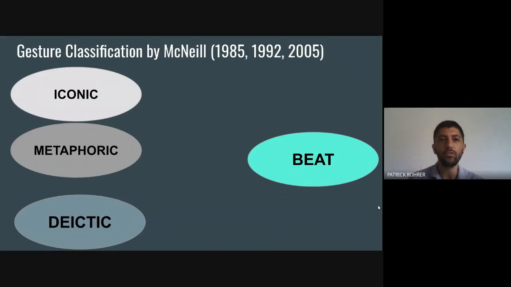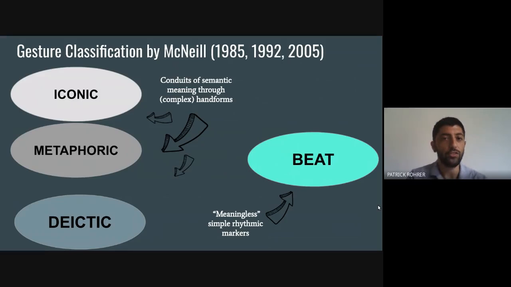So if we look at this sort of gesture classification system, we see that the gestures don't really fit neatly into categories, and these categories also sort of lead to some presuppositions. So for example, that the gestures on the left are merely conduits of semantic meaning through oftentimes complex hand forms, and the gestures on the right are meaningless, simple rhythmic markers.